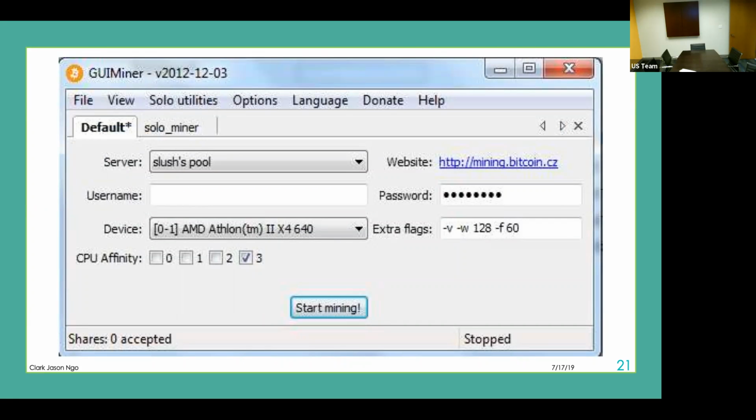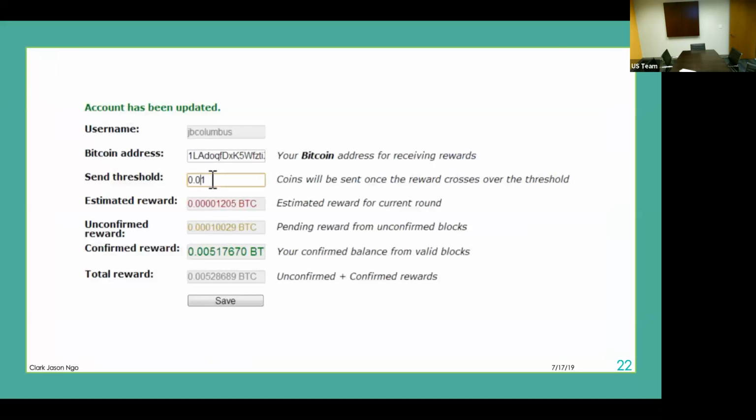Basically, you would define your server, add your username, your device, and whatever CPU or GPU you want to use. Usually, you would have a web page related to that app provider, and you could see your username, your Bitcoin address, your unconfirmed reward, and confirmed reward if you were able to solve that math problem.